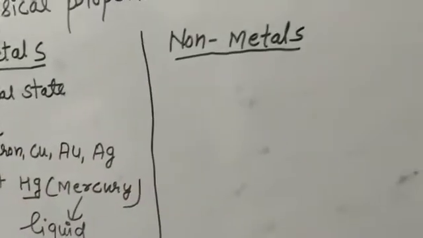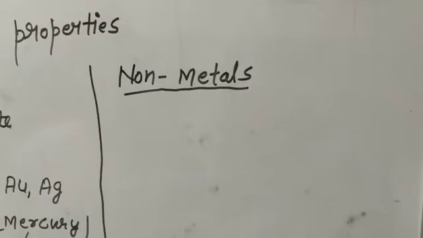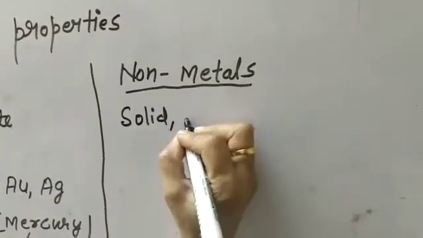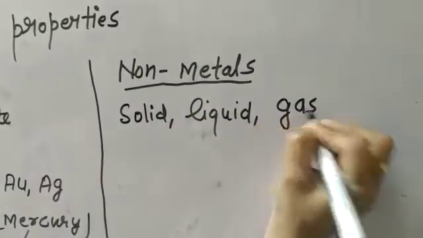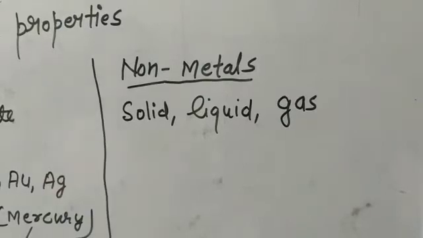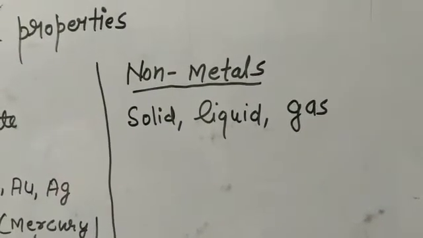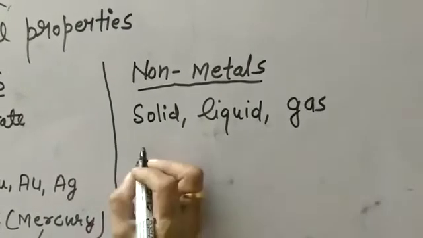Let's talk about non-metals. Non-metals exist in solid, liquid and gaseous form. Carbon, sulfur, phosphorus and iodine are examples of non-metals which exist in the solid state.